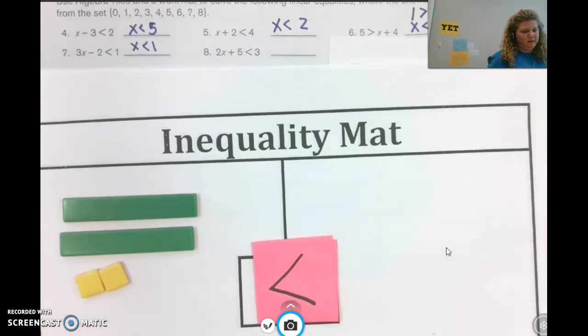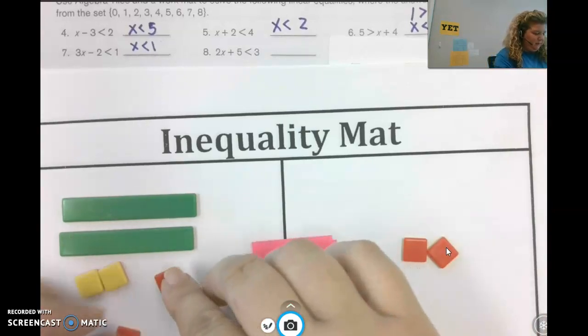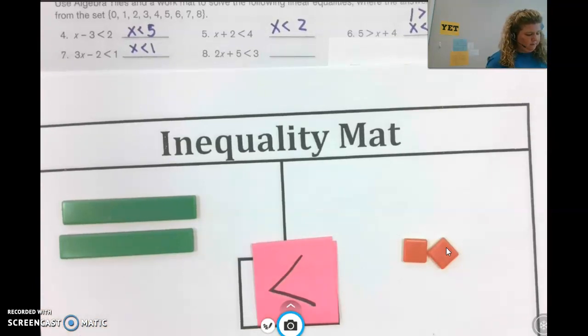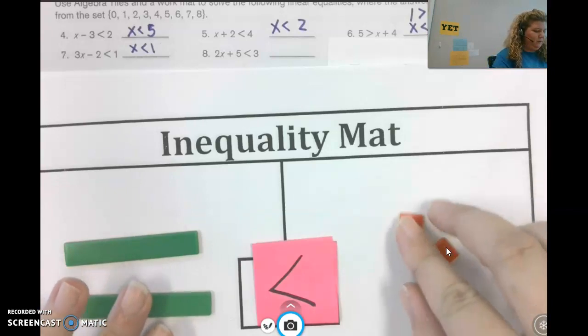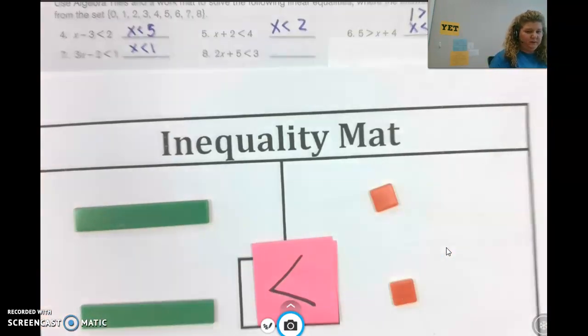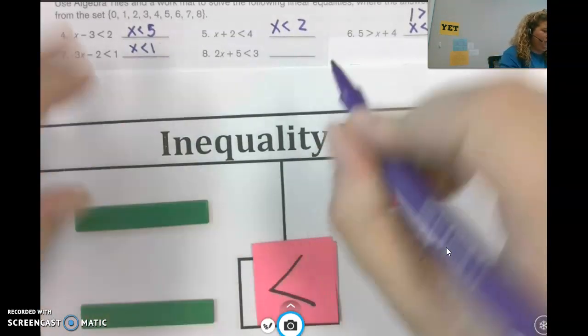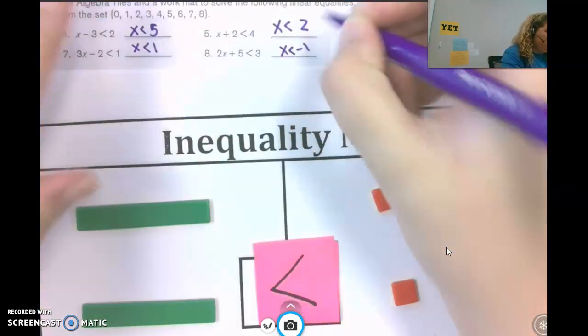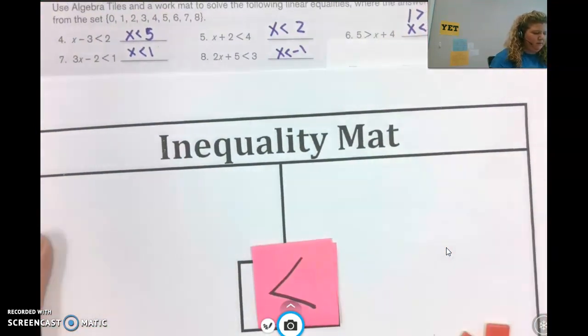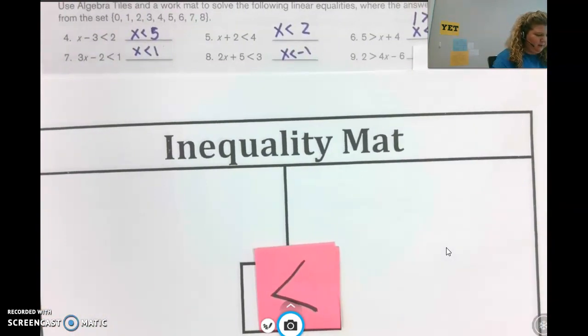I still need to take 2 away here, but I don't have 2 to take, so I can add 2 negatives to each side because that will make these 0 pairs. And then I can cancel that, and I would have 2, and then I can divide that into 2 groups, and I have x is less than -1. There's another way I could have done that, but we'll leave it like that.